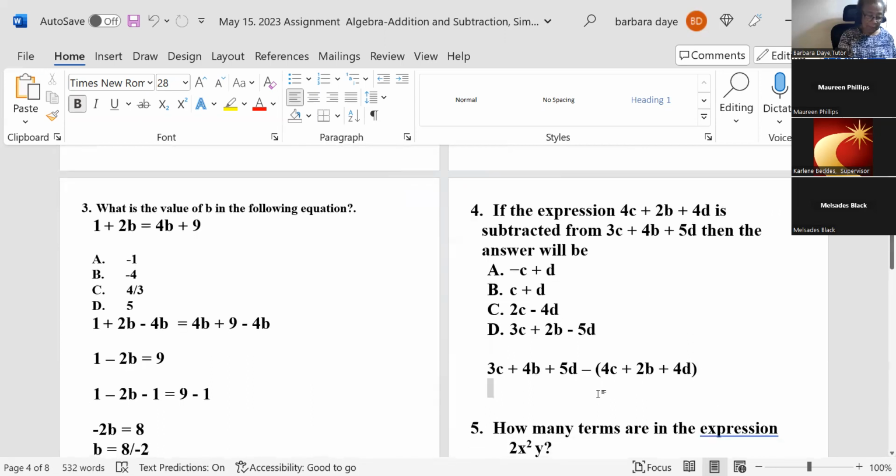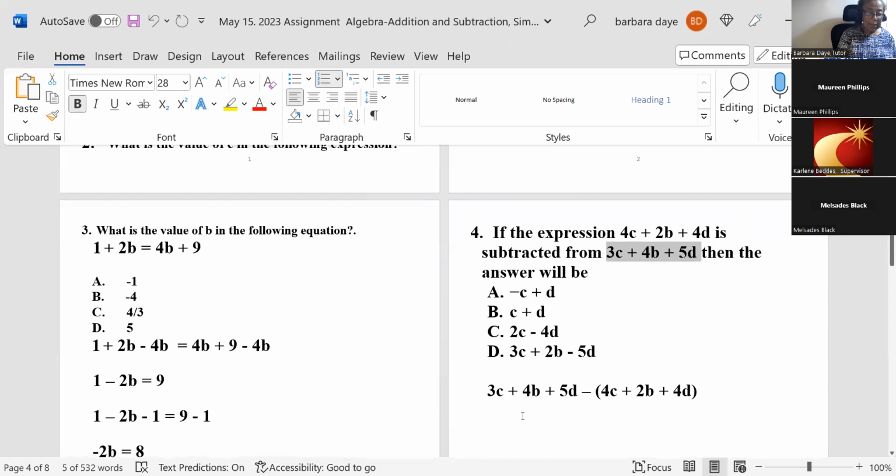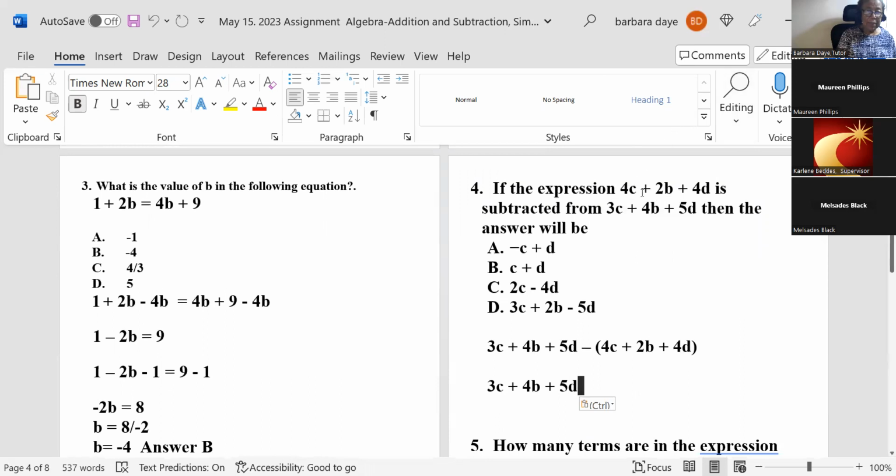The vertical method is this. Take the 3c plus 4b plus 5d, and from that you want to subtract 4c plus 2b plus 4d. So we put that underneath the other algebraic expression.